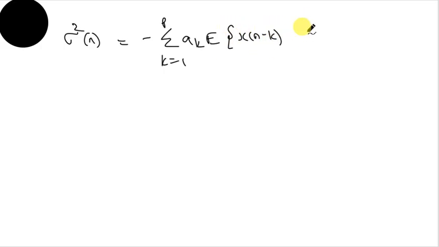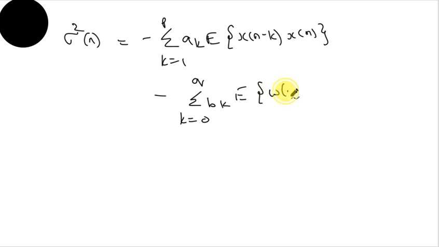So my sigma squared of n is now equal to minus summation k equal to 1 to p a_k expectation of x of n minus k into x of n, minus summation k equal to 0 to q b_k expectation of w of n minus k into x of n.